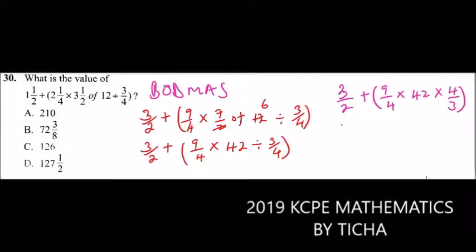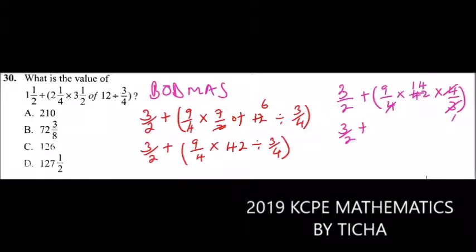Now that all we have is multiplication inside the bracket, we can simplify by 3. You get 1 by 3, you get 1, we get 14. You can divide 4 by 4. So we multiply 14 times 9.